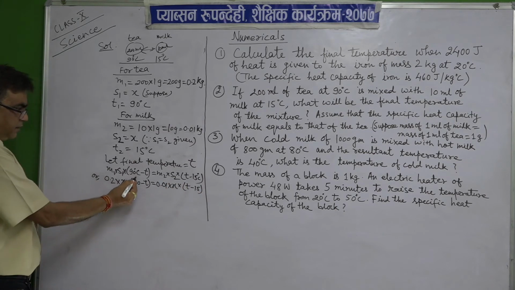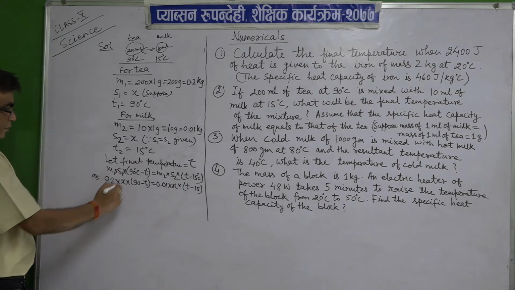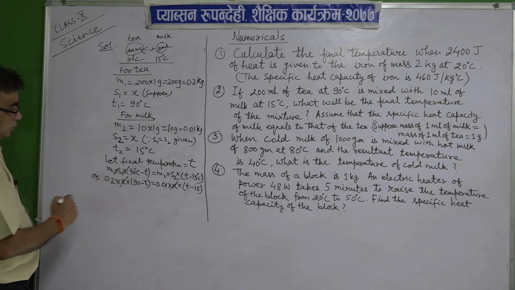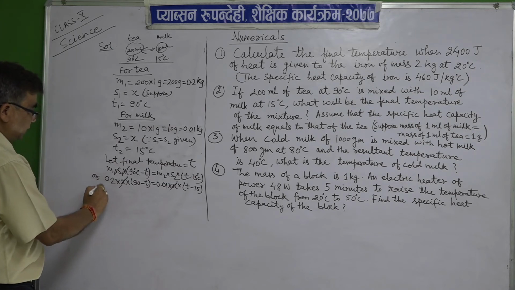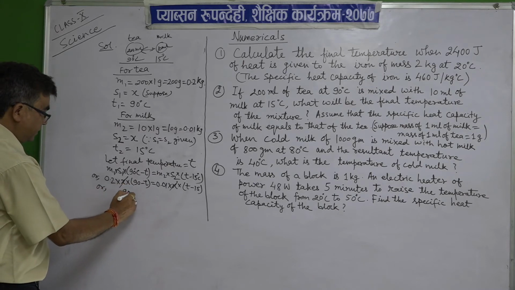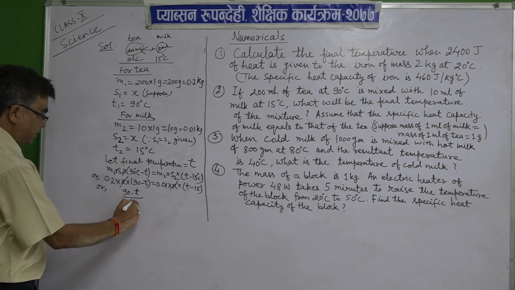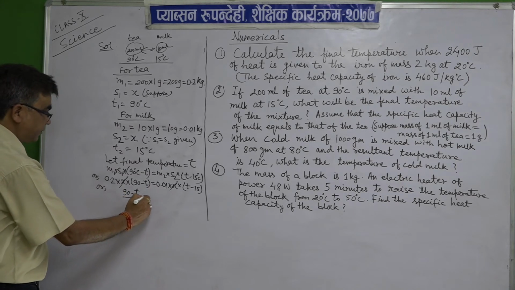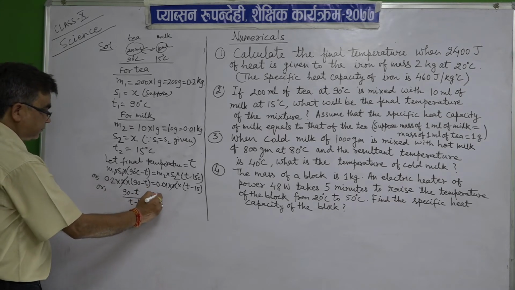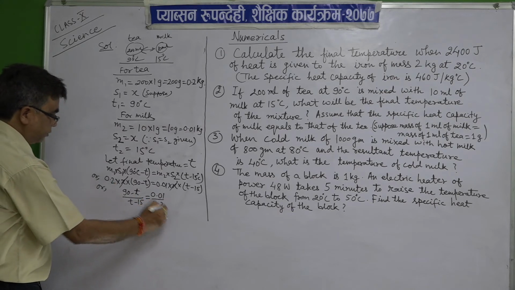I am leaving out the degree centigrade, you have to write it, okay. So, X cancels out, clear. Or if you look here, 90 minus T, if you bring this side, T minus 15, this will equal 0.01 upon 0.2.